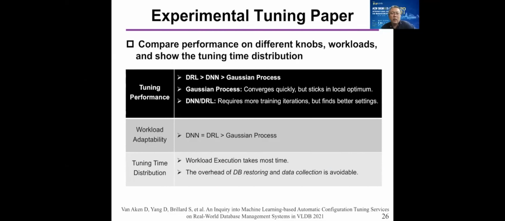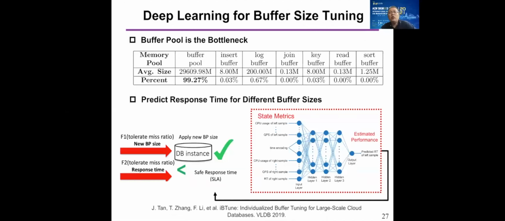And for the tuning time, if we want to run workloads, running workloads takes a large portion of the time. So it's important to reduce the training time. There are lots of works on tuning the buffer size. For example, the buffer is very important to meet the user requirement, for example, SLA, service level agreement.